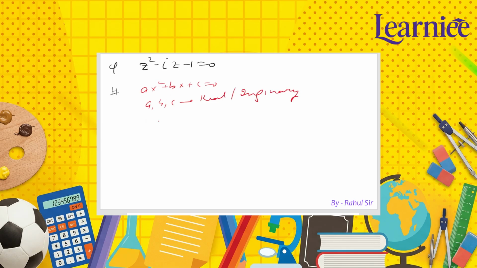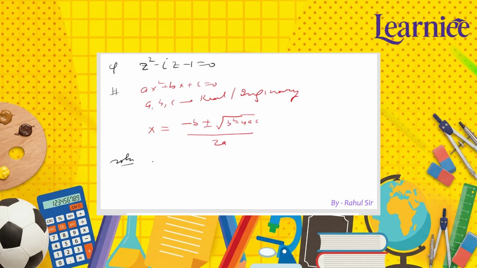We can always apply the Sridharacharya rule or the quadratic formula, that is minus b plus minus root b square minus 4ac upon 2a. This is always valid, whether the coefficients a, b, c are real or imaginary. So the same way here we will apply it.